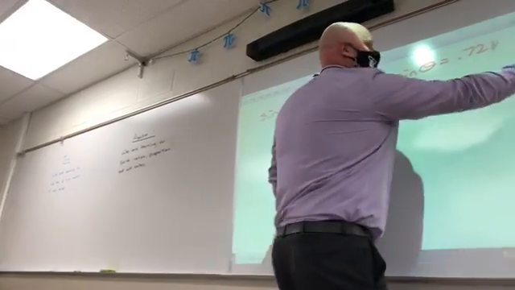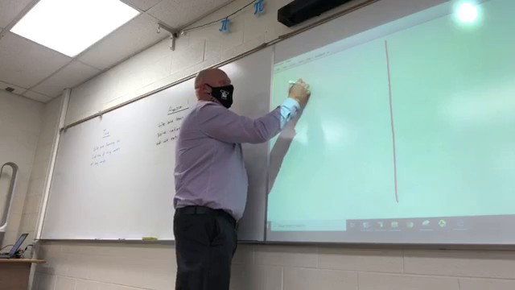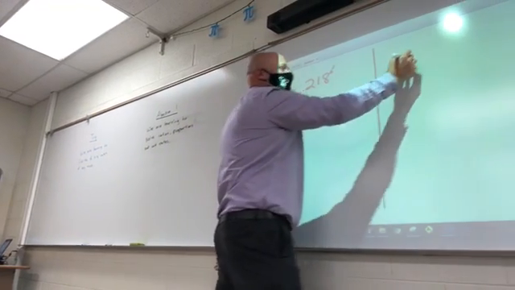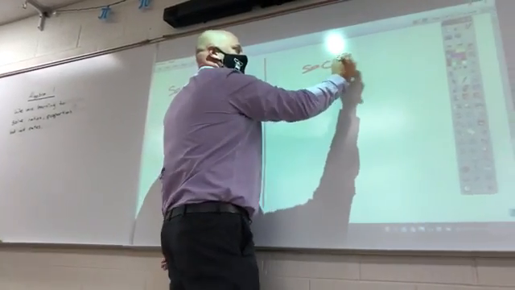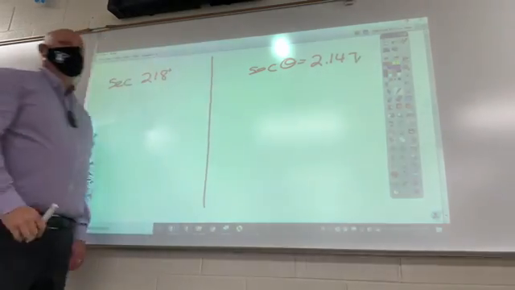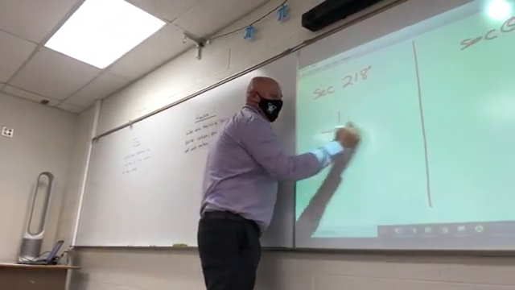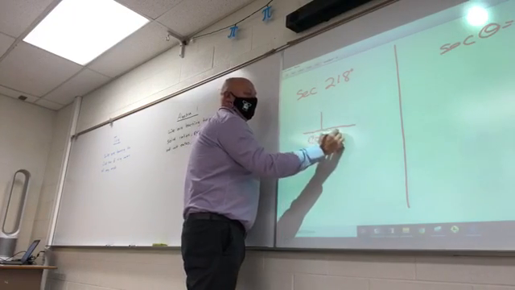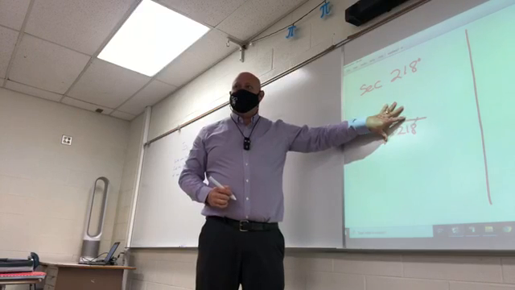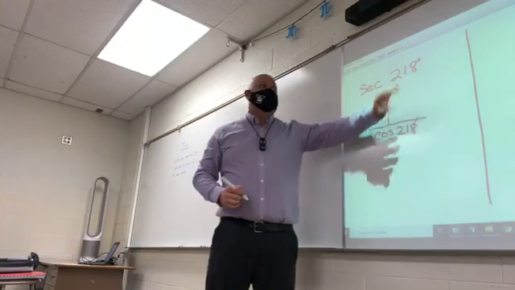And then the other ones that a lot of people still screw up are the reciprocal ones. How do you solve this versus how do you solve this? So what am I going to type in my calculator here? 1 over cosine of 218. How many answers and what type of answer should there be for this? One answer, and it's a decimal, right?